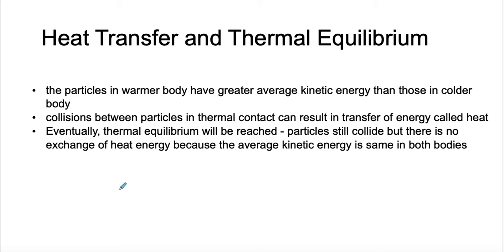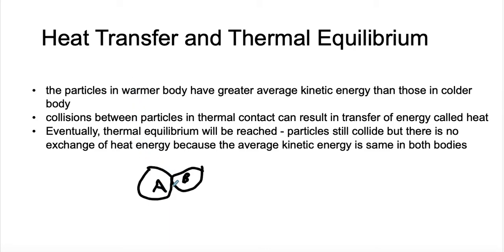Heat transfer and thermal equilibrium. This is pretty straightforward stuff. So warmer bodies have higher energy, on average. Colder bodies, on average, have lower energy in terms of their kinetic energy. They're moving around energy. Then collisions happen if you have two bodies. If you have a body A and a body B and they're in contact with each other, there's collisions going on, and in those collisions there's a transfer of energy.